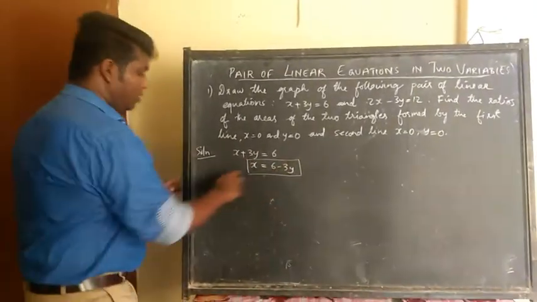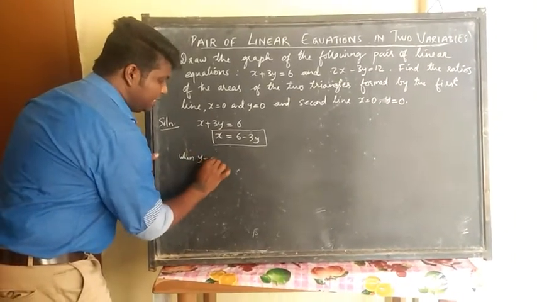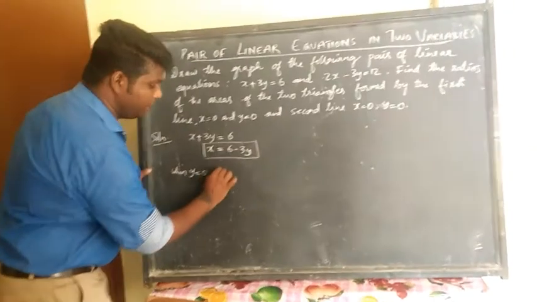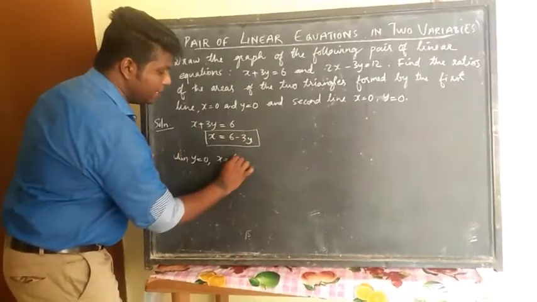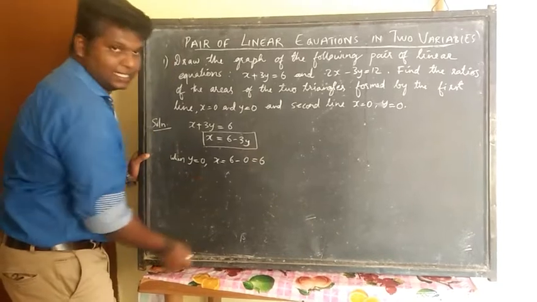So here I am giving y is equal to 0. When I give it as 0, what happens? x will be 6 minus 3 into 0, so 0, that is 6.